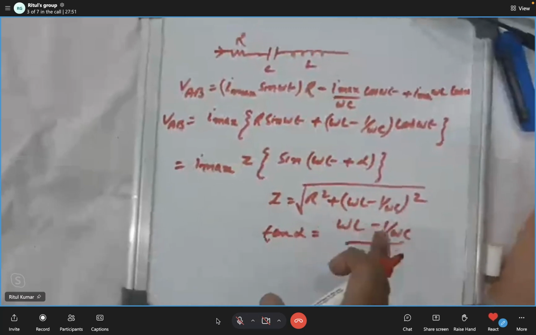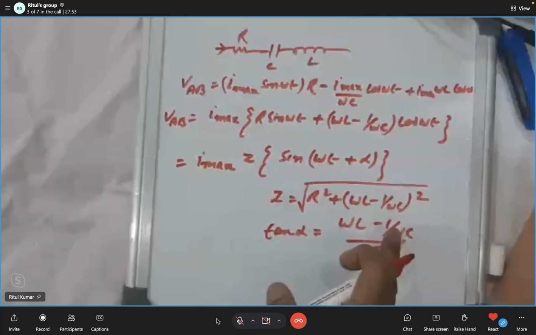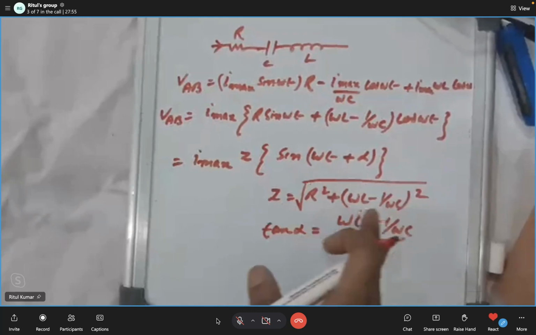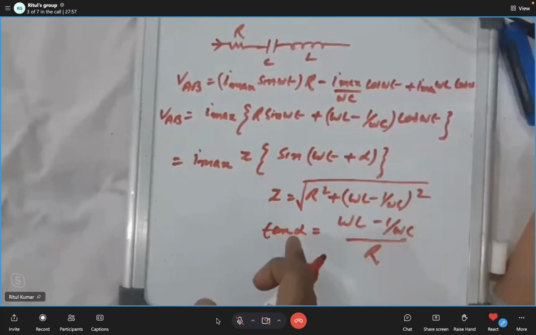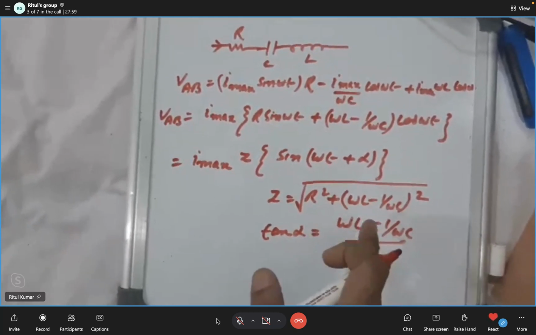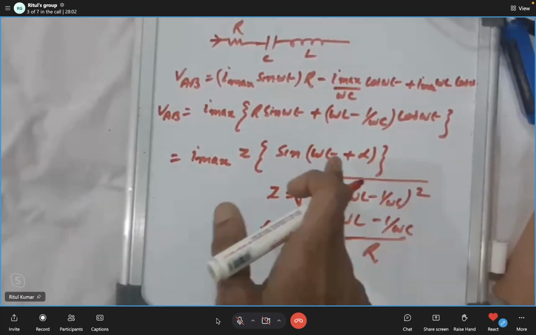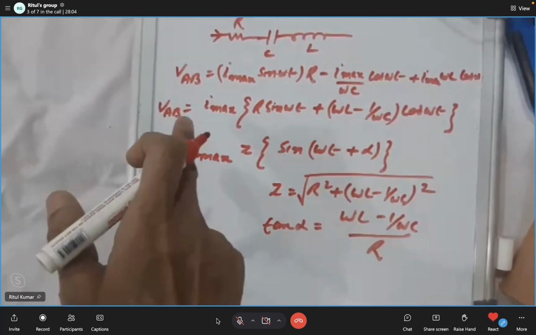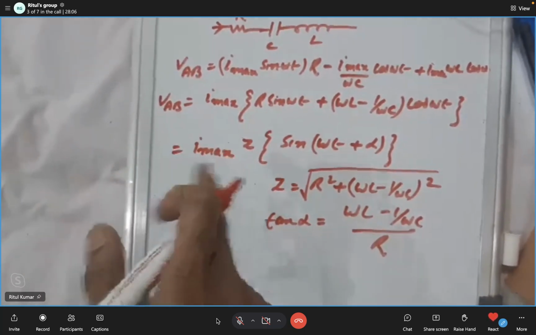If omega L is greater than 1 by omega C, then this factor tan alpha will be positive. If tan alpha is positive, then from this equation we can say voltage will lead current, correct?